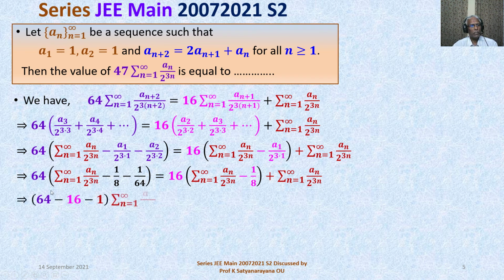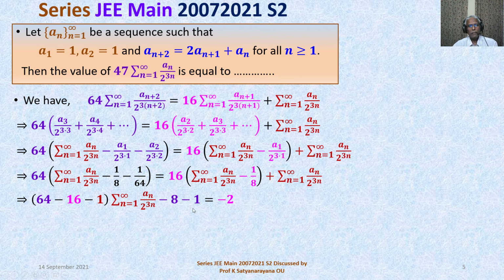So this will be 64. Send this to the other side, 64 minus 16, and this also send to the other side, minus 1. 64 minus 16 minus 1 into sigma n equal to 1 to infinity a_n by 2 power 3n is equal to minus 64 into 1 by 8 minus 8, 64 into minus 1 by 64 minus 1, and 16 into minus 1 by 8, that is minus 2 on this side.